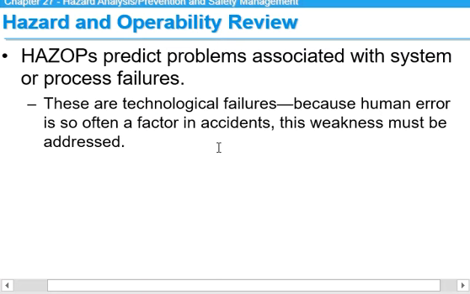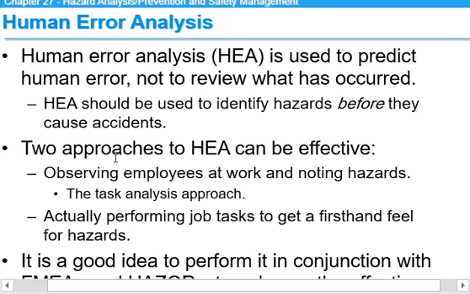And this is also important. The other one is, no, it has nothing to do with the system, okay, and the components of the system. It has nothing to do with the process itself, okay, and what could happen because of it. This one here, the HEA, human error analysis, has to do with the human himself, okay. The center of the study is the human error, not the process.